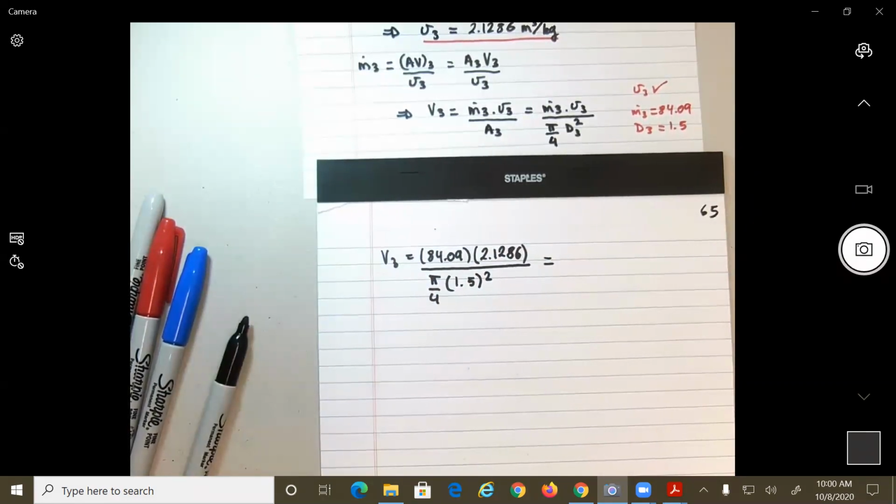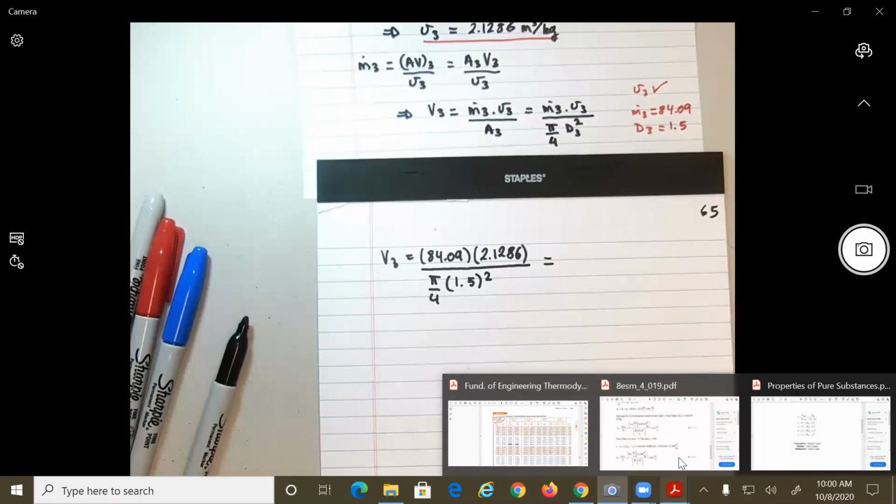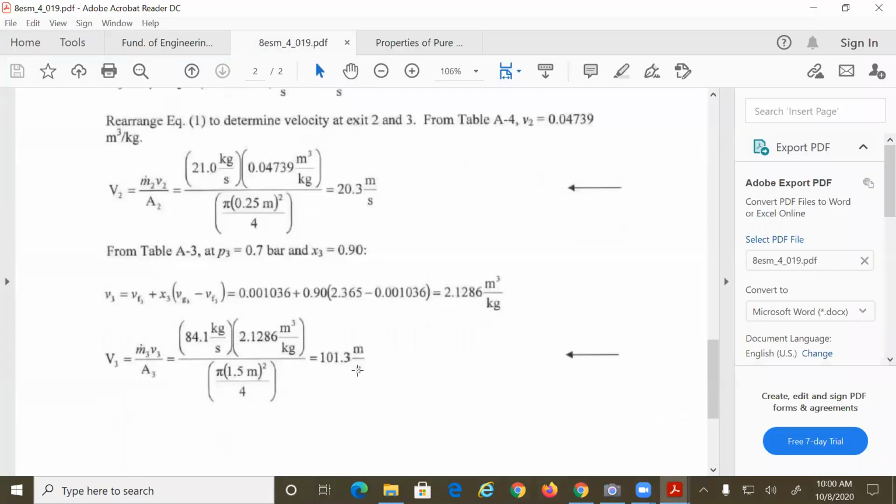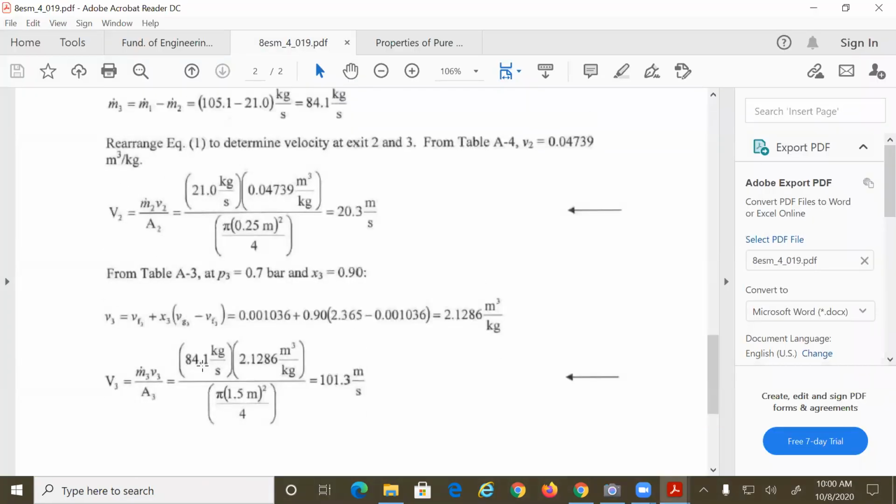And this should give you, let's do again our little cheating here to save some time, 84.1 is almost the same, 2.1286 divided by pi over 4, 1.5 squared, so approximately 101.3 meters per second.